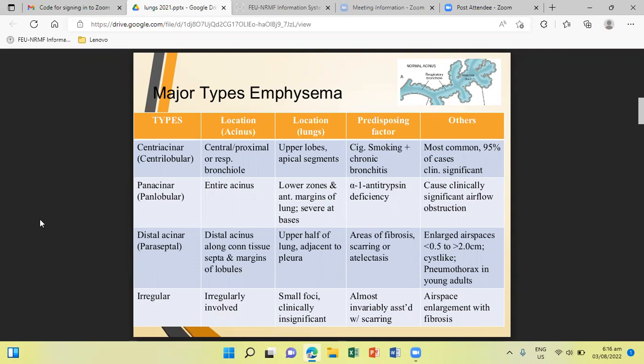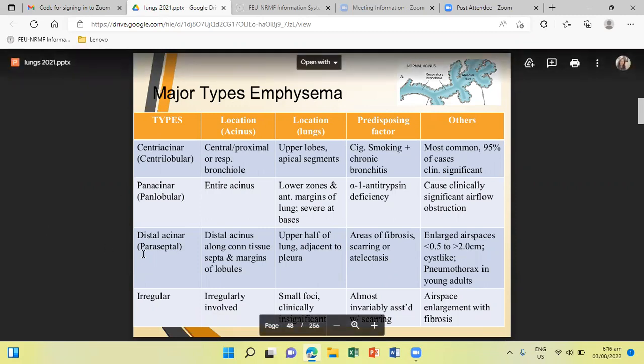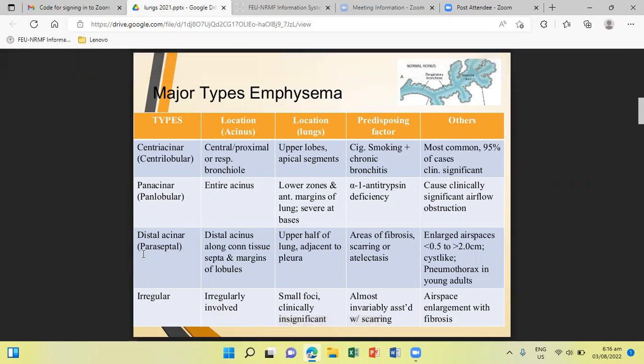The third category is what we call distal acinar, otherwise known as paraseptal. Here, the proximal portion of the acinus is normal and the distal part is predominantly involved. The emphysema is more striking adjacent to the pleura, along the lobular connective tissue septa and at the margin of the lobules.